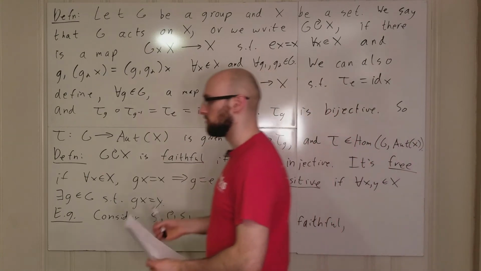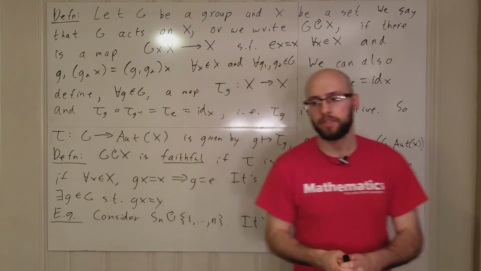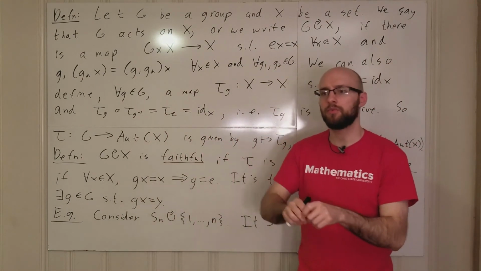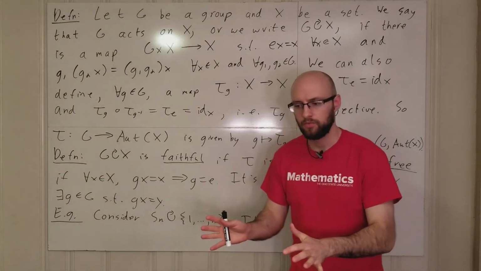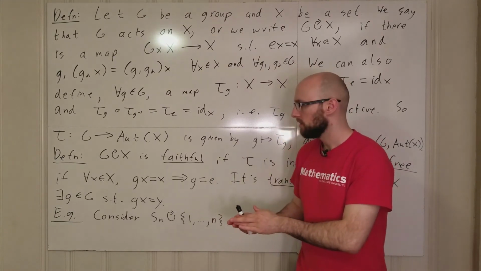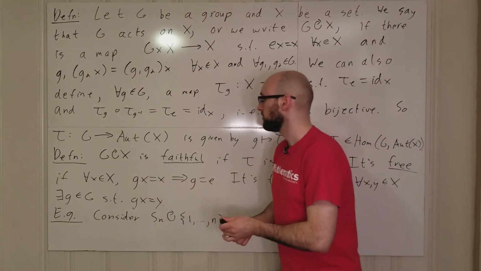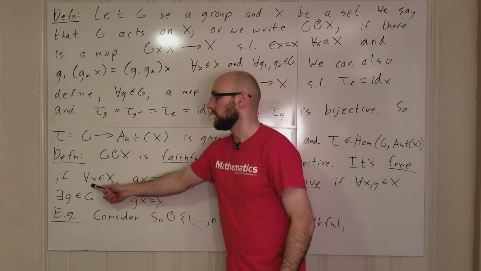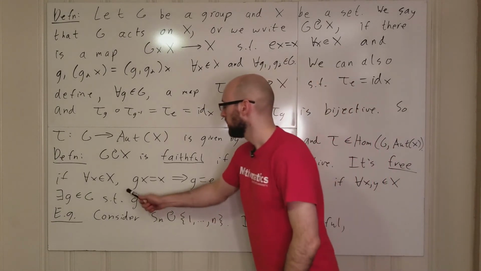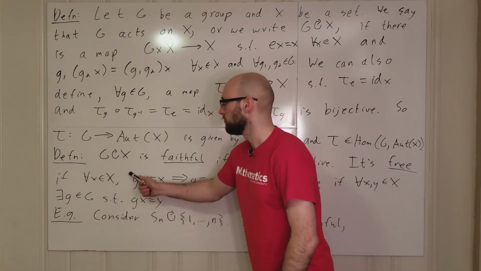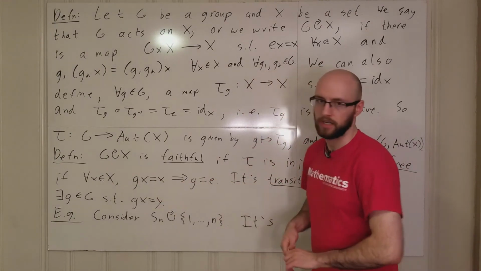But what if n is greater than 2? Consider the permutation that sends 1 to 2, 2 to 1, and just keeps 3 in place. Then this permutation will not move the index 3. However, it's also not the identity element of our group. And so there is an x in X, i.e. the index 3 in 1 through n, where n is greater than or equal to 3, and the permutation (1 2) acting on 3 is 3, but the permutation (1 2) is not the identity.